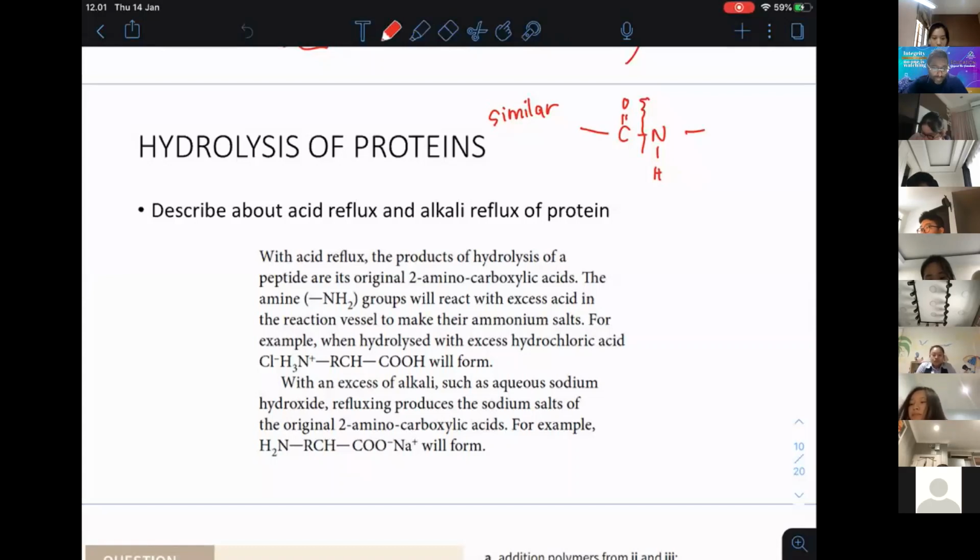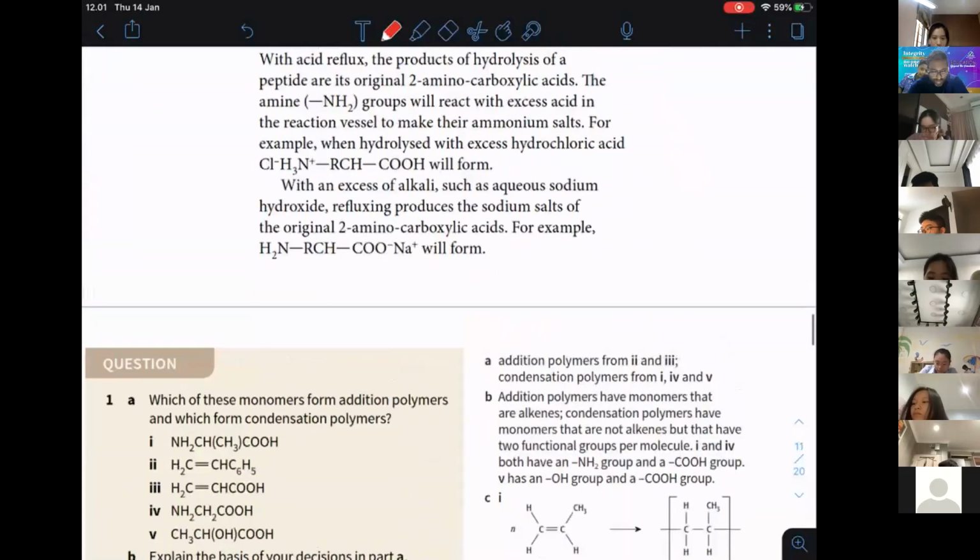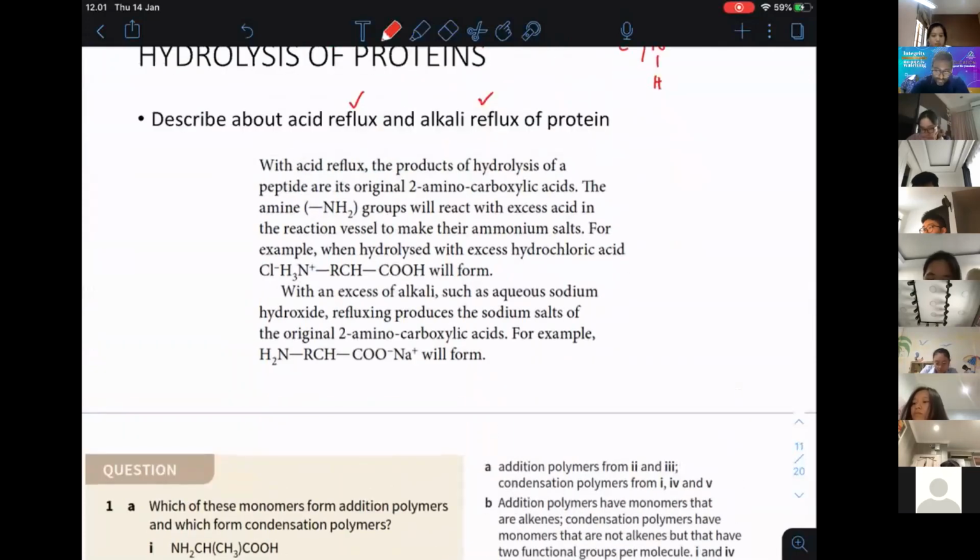So we can do this acid reflux or alkali reflux, and the product is almost going to be the same. So you can see here, I've written that the products of hydrolysis are going to be the original carboxylic acid. It means in this case you are going to get the original amino acid.